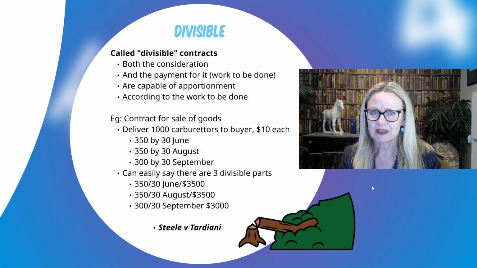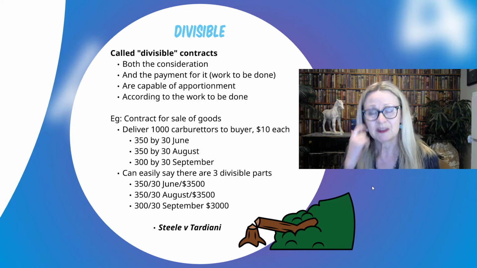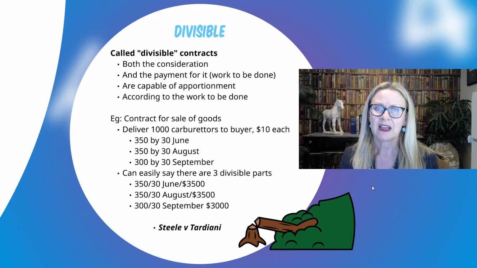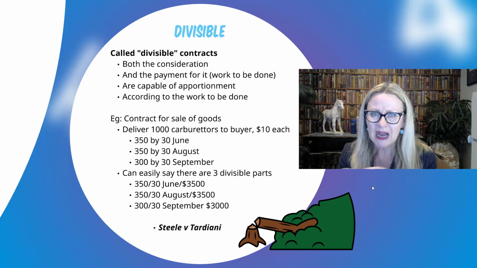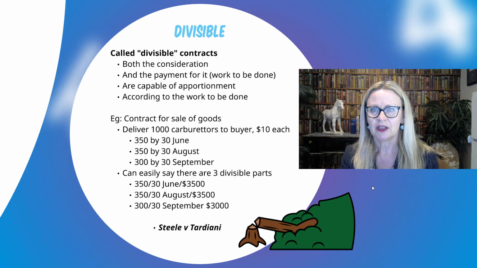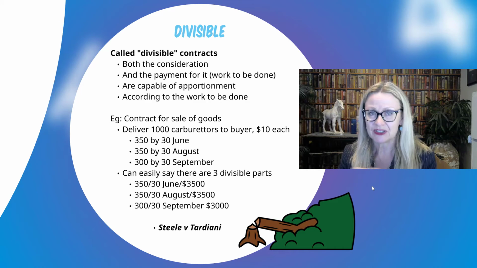In divisible contracts, both the consideration and payment for it, that is the work to be done, can be apportioned according to the work to be done. So the contract itself will normally be severable, and that's why they sometimes call these severable contracts, into separate little compartments where you can work out what the consideration is for each divisible or severable part of that contract.